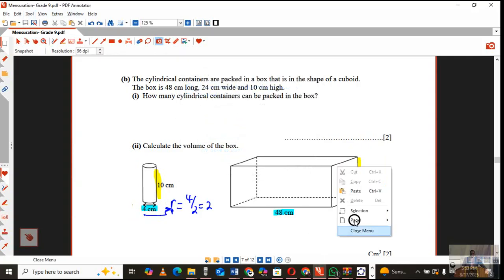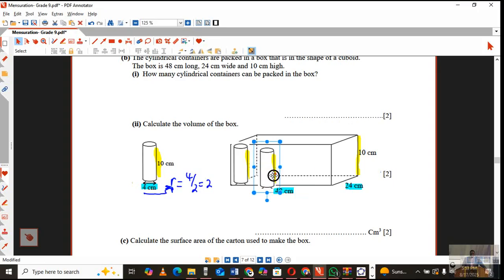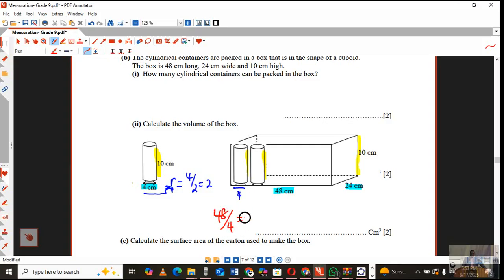If you take one of these and you were to put it inside here, it's going to have a thickness this way, the length, and let's say we bring another one just to express my point. Now, this over here is said to be 4 centimeters. So if I was to say, wait a minute, how many of them will be in front here, along the length? That will be 48 divided by 4. Of course, that will give me 12. So 12 of them will be here. But now, that thing has also the same.